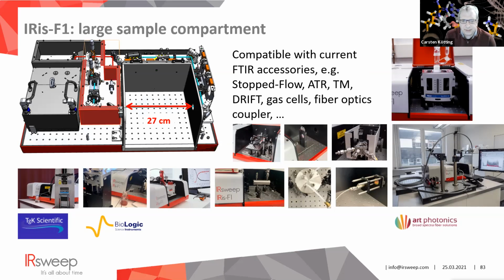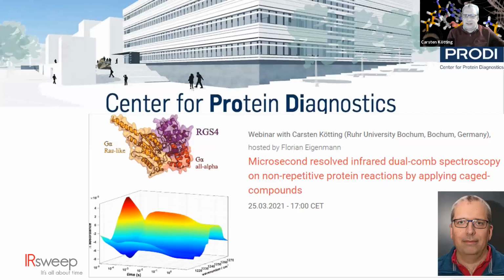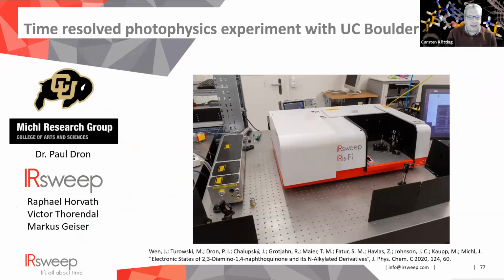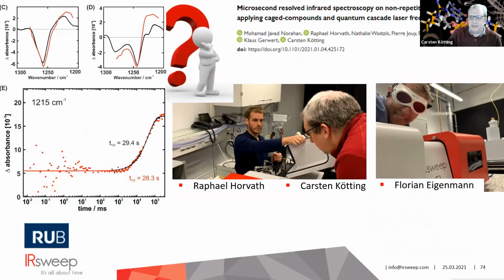The advantage of FTIR is that you have the whole mid-infrared spectrum, but I think that with QCLs, especially for time-resolved spectroscopy, the dual comp will be a game changer, and it will probably replace FTIR in many places. The obvious drawback so far is the spectral range, which is I think 60 or 80 wave numbers now, and it will probably get broader with time, like 200 wave numbers.